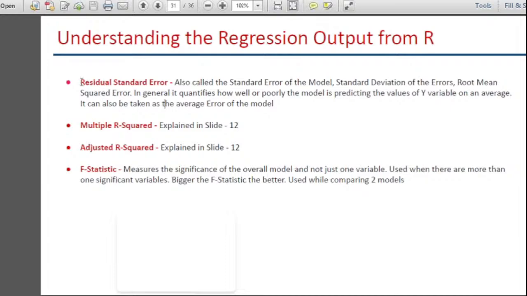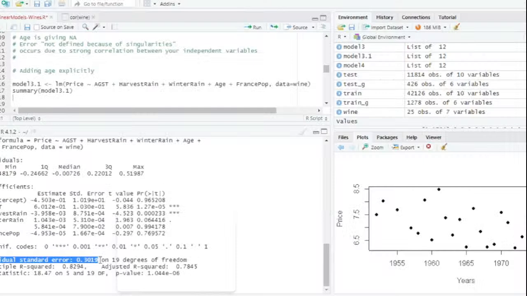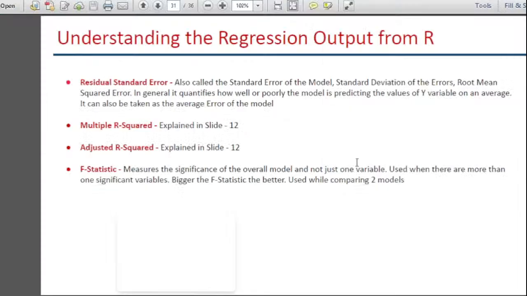We have a term called residual standard error, on 19 degrees of freedom. The residual standard error, also called the standard error of the model or the standard deviation of the errors, is basically the root mean squared error. In general, it quantifies how well or poorly the model is predicting the values of the y variable on average.